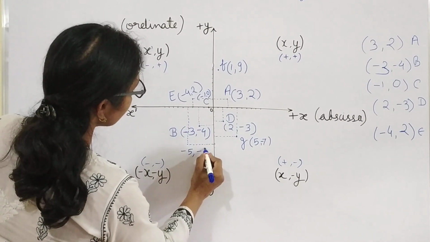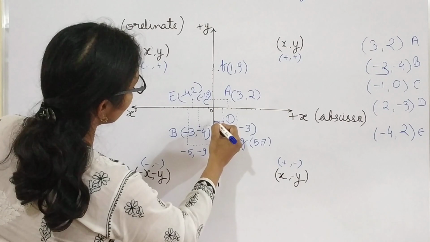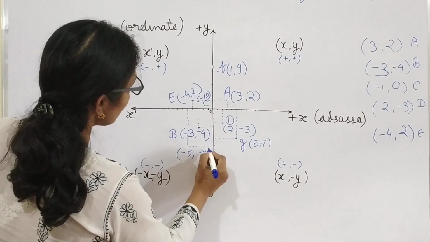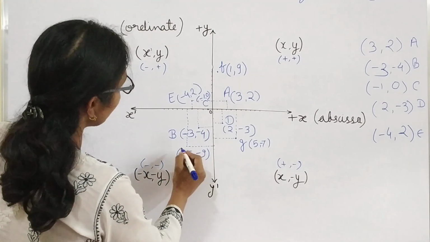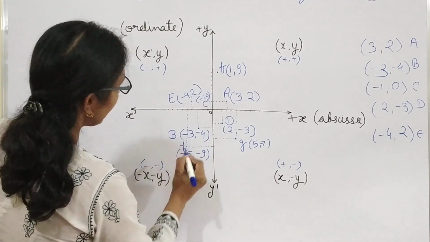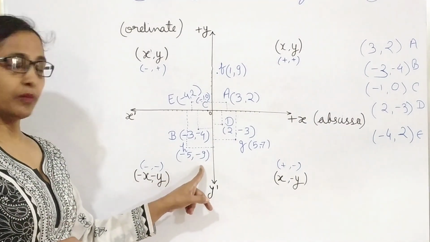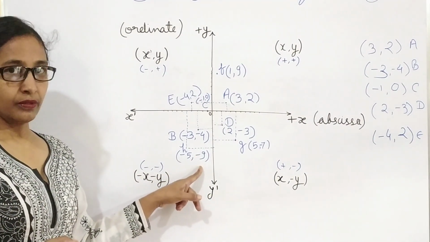So -9: 1, 2, 3, 4, 5, 6, 7, 8, 9. Suppose it is point H. So its coordinates become (-5, -9).